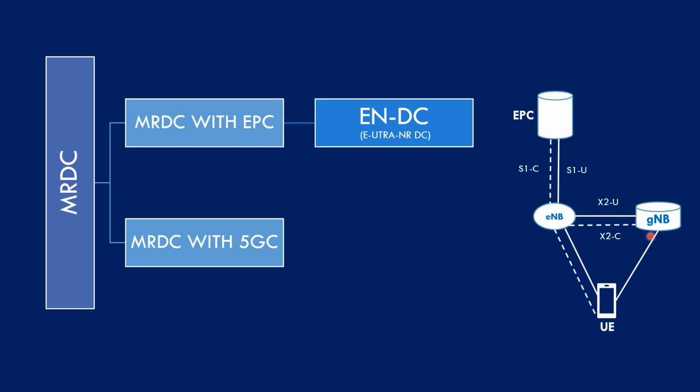The E node B is connected to the EPC or 4G core via the S1 interface, and the E node B is connected to the G node B via the X2 interface. The G node B might also be connected to the EPC via the S1-U interface, user plane interface, and other G node Bs with the X2-U interface. So C plane connectivity towards core can be only from one node, and in case of EUTRA-NR dual connectivity or ENDC, it will be from the E node B side.